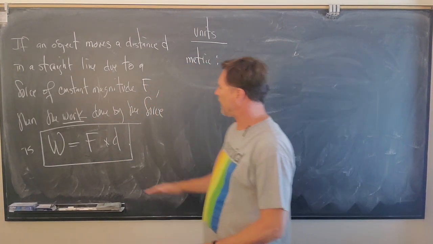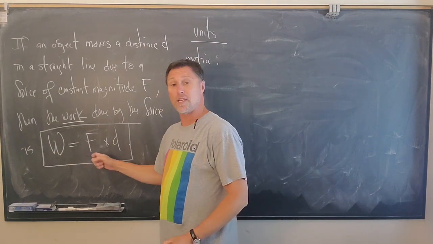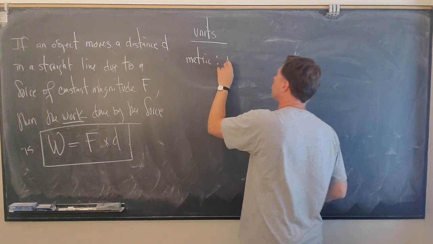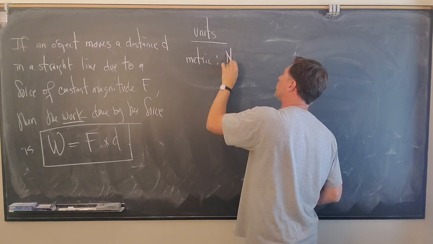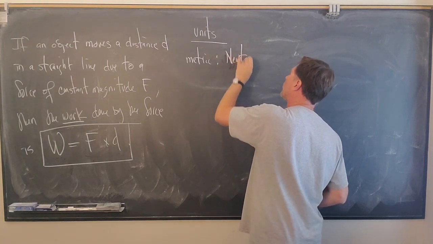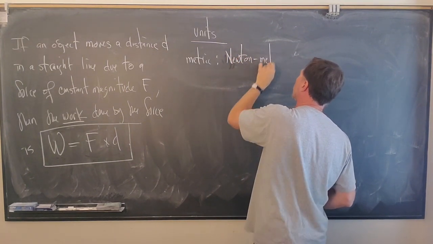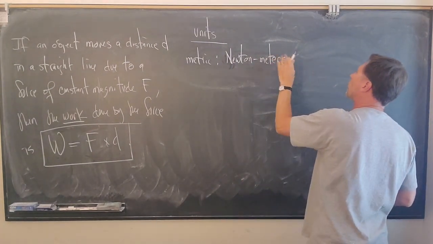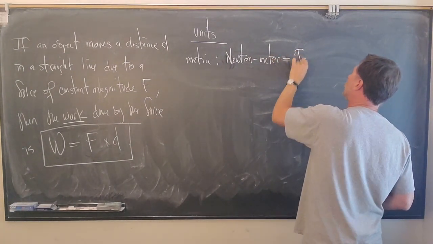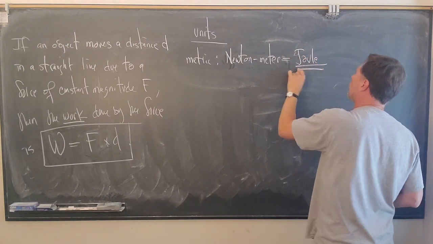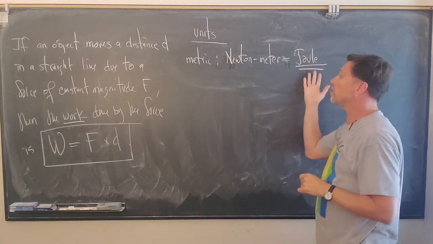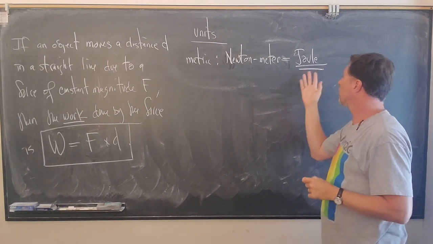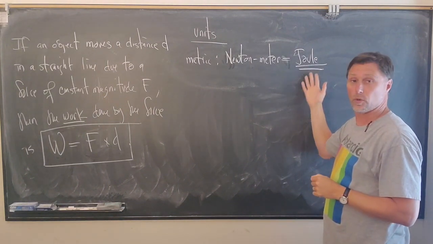So the basic unit of work would then be a Newton meter. And a Newton meter actually has a name, so we're not going to use Newton meters. A Newton meter is equal to a joule. And so the measurement of work when we're working in the metric system is the joule.